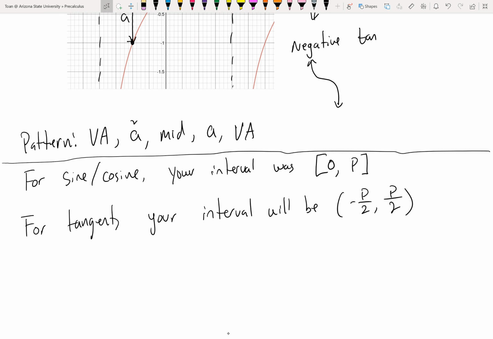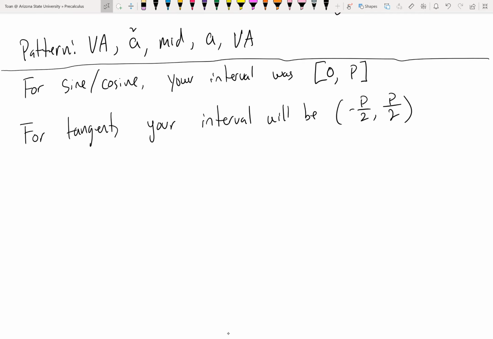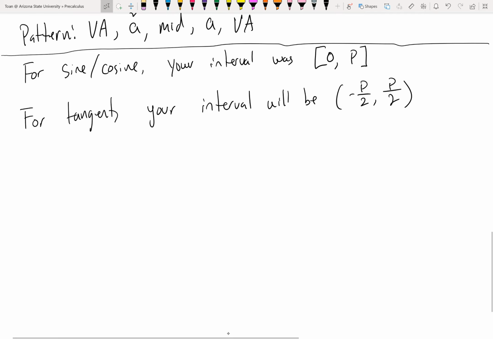Because the full picture of tangents starts in the negative region, you have to split your period in half first. Other than that, everything will be the same. You read your function transformations, you find your intervals, you find your 5 critical values, you do the right pattern, you plot, you go home, be happy.